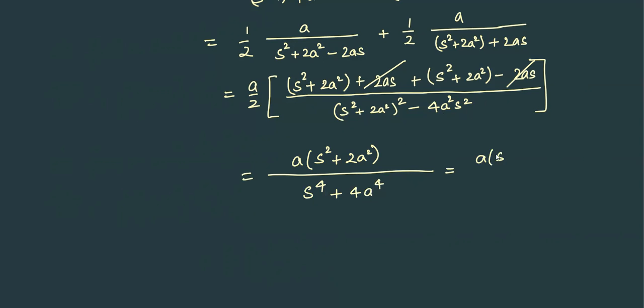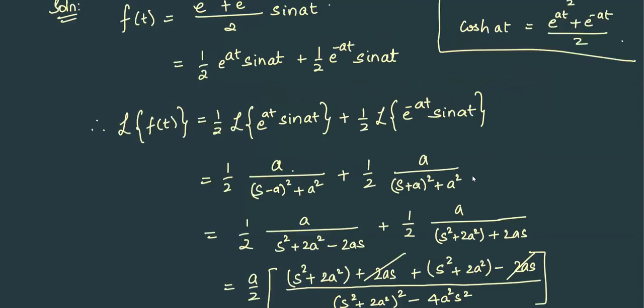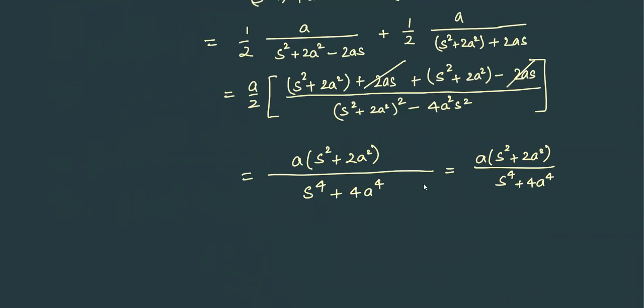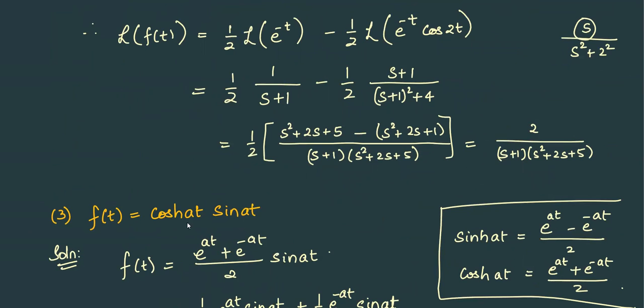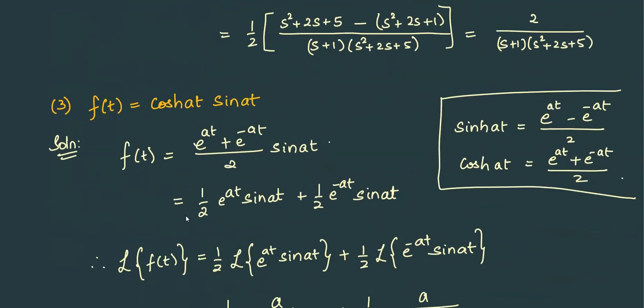Such a complicated expression turned out to be something so very simple. Now, when we do an inverse transform, you can see that although this function seems simple, its inverse transform will involve hyperbolic terms.